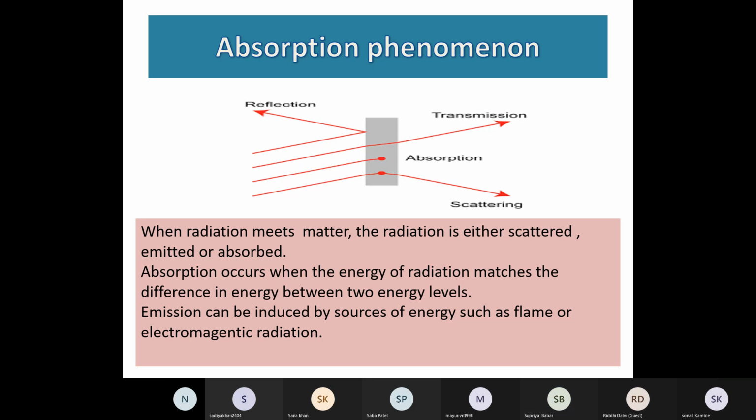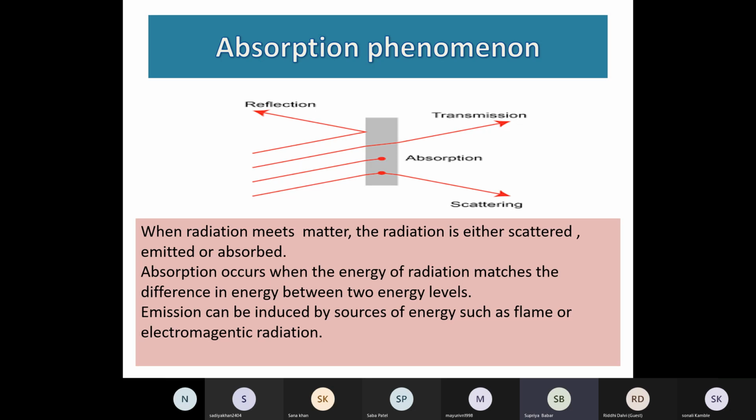Now, there is transmission, which means when that radiation passes through that substance. And when that radiation is absorbed by the substance and then passed through it in a different direction, that is the scattering.